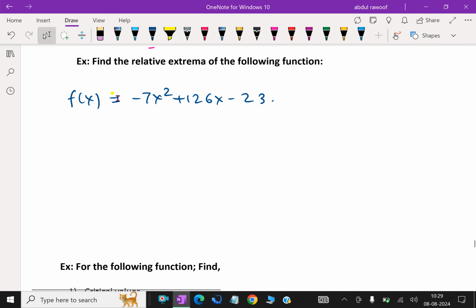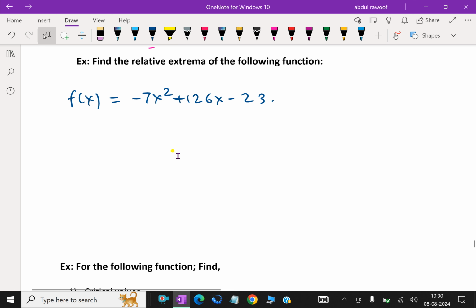Find the relative extrema of the following function: minus 7x squared plus 126x minus 23. How to find the relative extrema? So we'll change the function here.